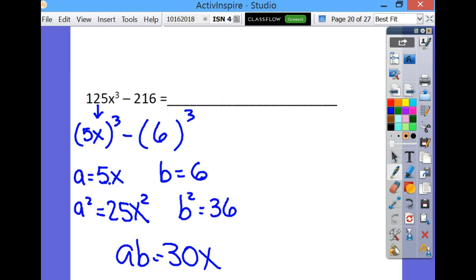What formula? Well, if this is a minus sign, which formula do you use over there on the other side of the page? The first formula or the second formula? The second formula. It's going to start off with a minus b.